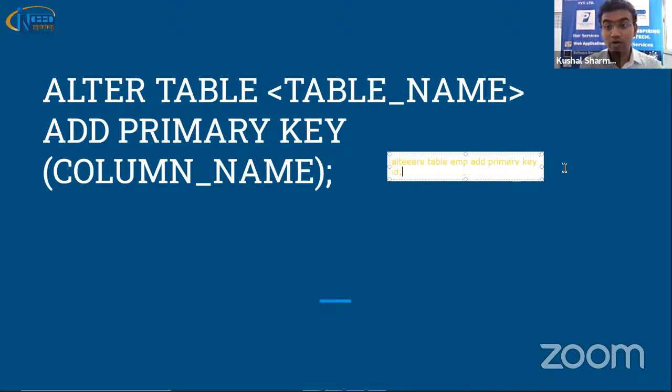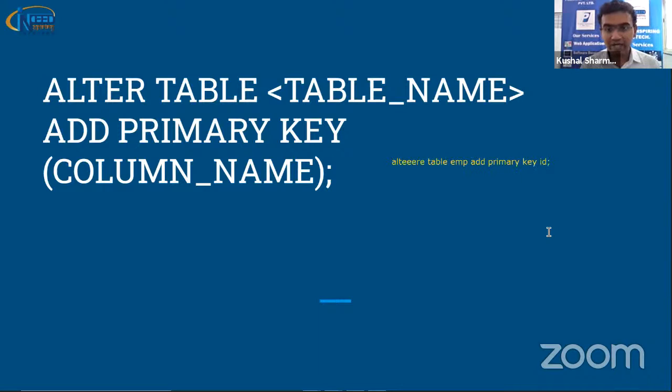So ID is the column on which I would like to have the primary key. So alter table, don't look at the spelling, it got mistyped. So alter table emp add primary key ID. So this is how it is going to work for me. Now let us move ahead and work further.